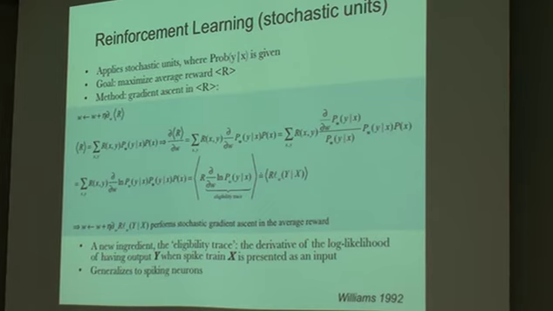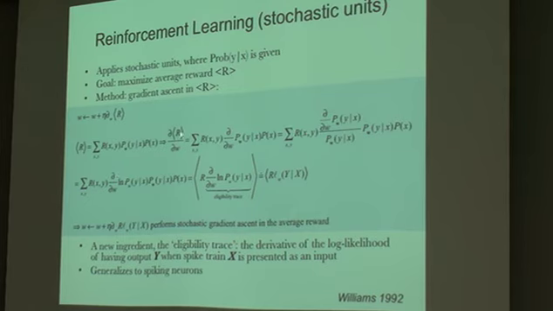This is the basis of basically everything that has been done after Ron Williams published these results in 1992, which is based on a very simple insight. You take the average of the reward. This is the sum over input-output pairs of the reward given the input and the output, times the probability, which depends on the weights, of having a given output given the input, times the probability of the input. Alright, this is just the average.